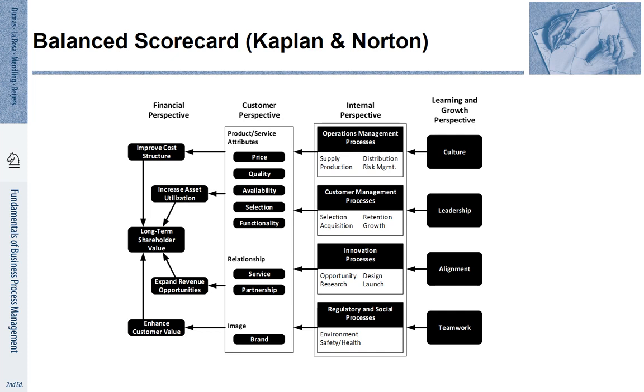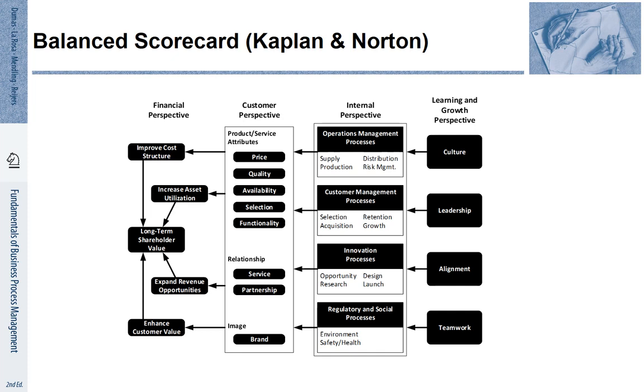And there are various goals that contribute towards this overarching goal in the financial perspective, such as improving the cost structure, increasing asset utilization, expanding revenue opportunities, and enhancing customer value. In order to achieve these goals in the financial perspective, different concerns need to be kept in mind on the customer perspective.